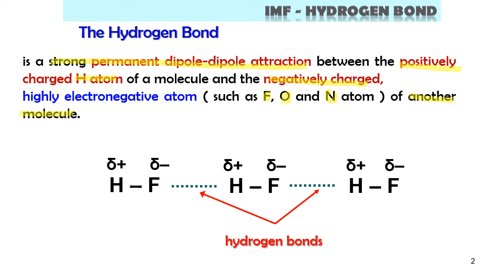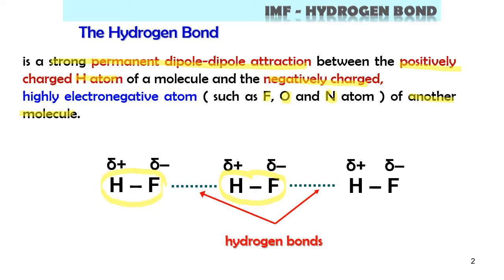So let's have a look at the example below. Let's say you have hydrogen fluoride. This is one molecule of hydrogen fluoride and you have another molecule of hydrogen fluoride.